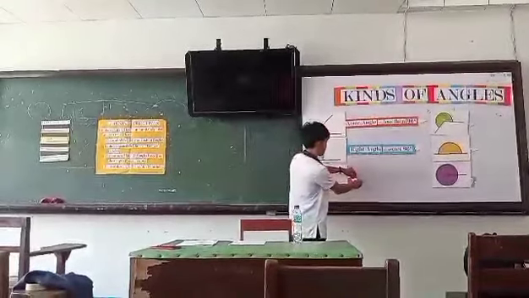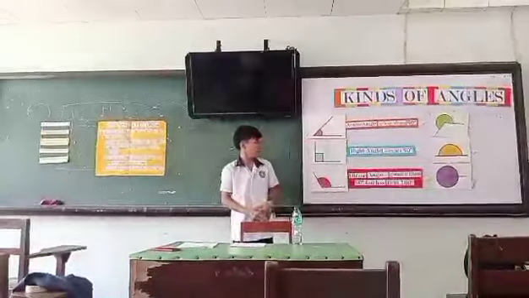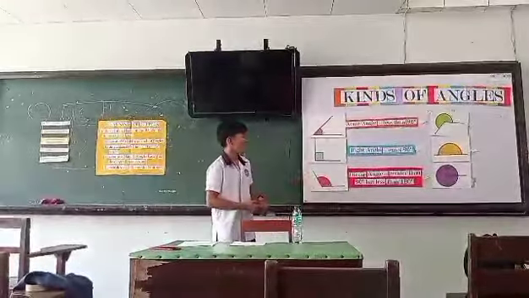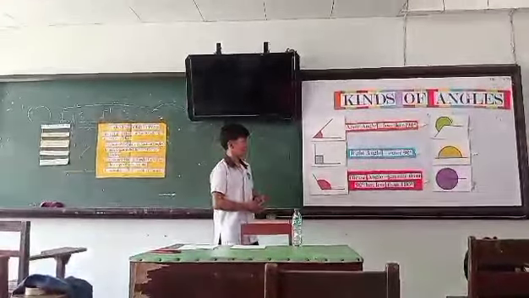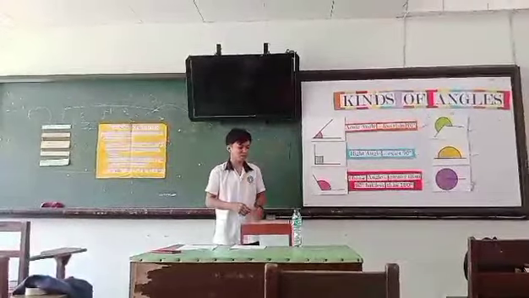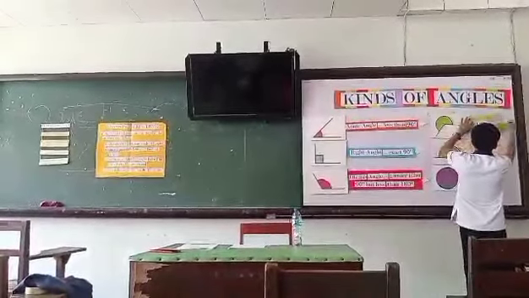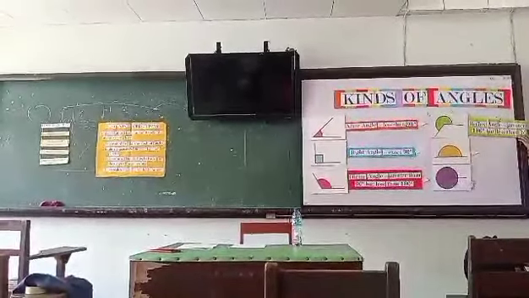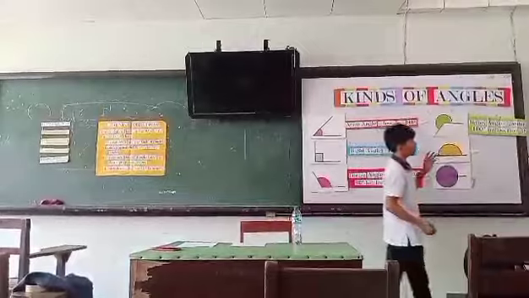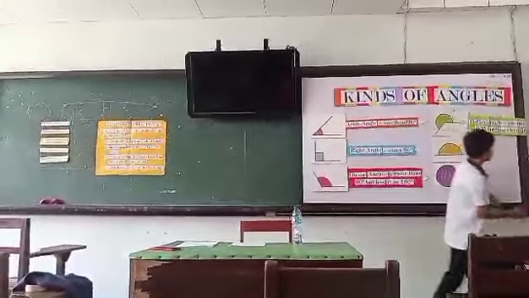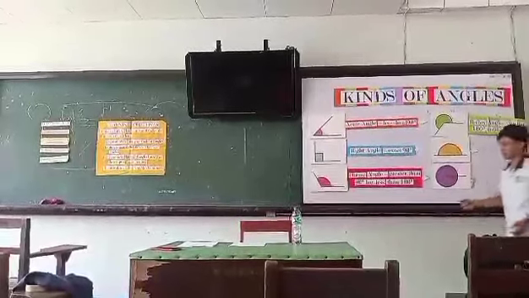So our third angle is the obtuse angle. The obtuse angle has a measure greater than 90 degrees but less than 180 degrees. And our fourth type of angle is the reflex angle, where the measure is greater than 180 degrees but less than 360 degrees.